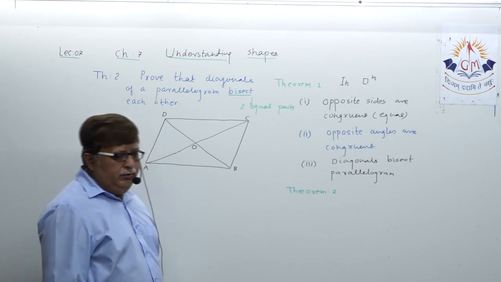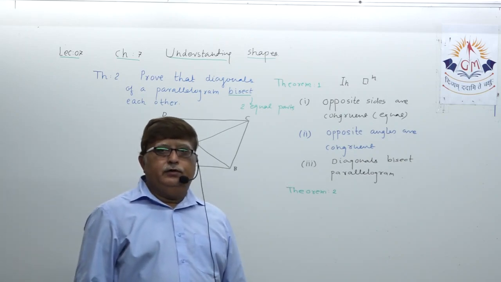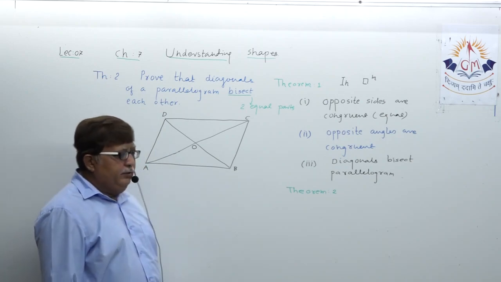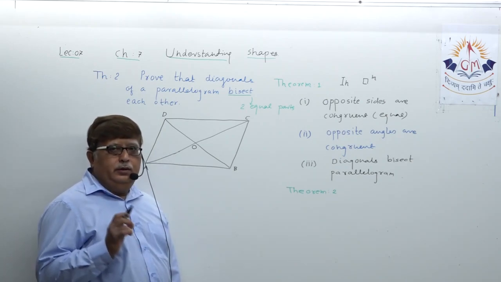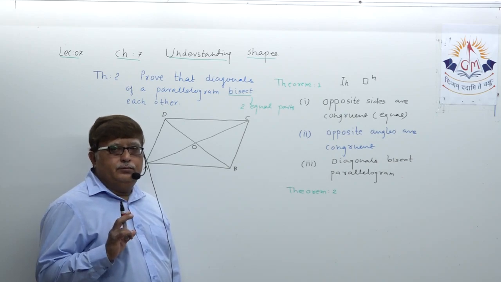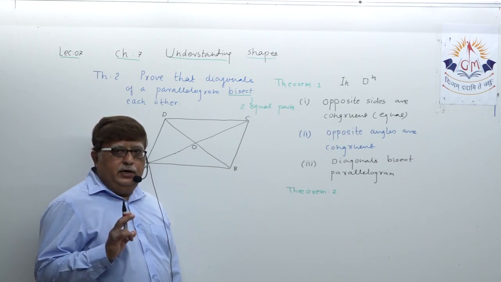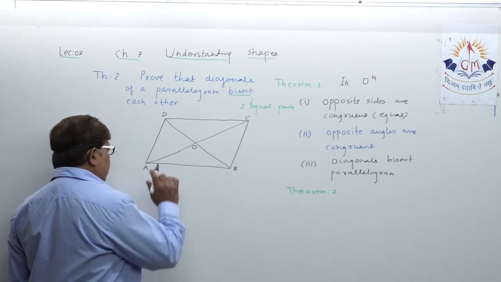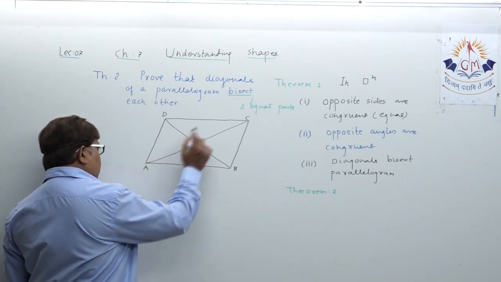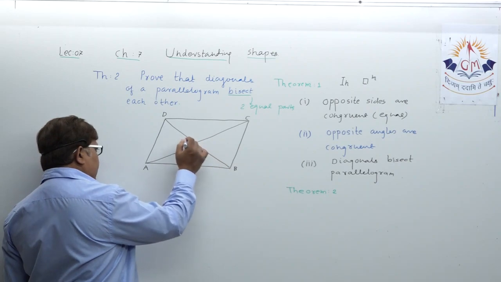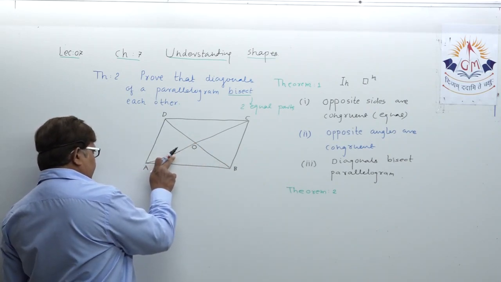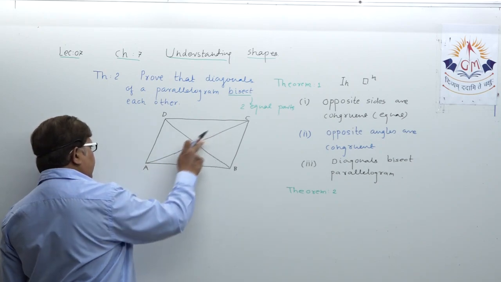What you have to prove, let us first discuss. You have to prove that diagonals bisect each other. That means both the diagonals at point O are to be divided into two equal parts.